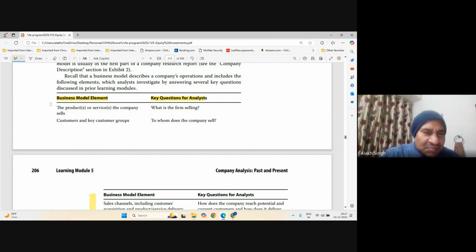That will give the customers and key customer groups. Like even though the company is selling, which word should I use, toothpaste, but Walmart is the buyer. Okay, let's have this.